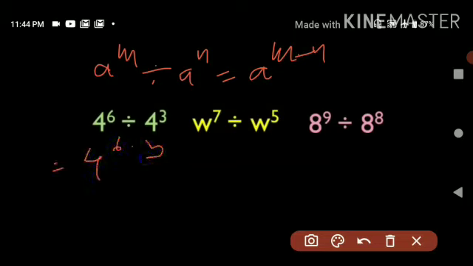And here w raised to the power 7 minus 5, and it is equal to w raised to the power 2. And here we have 8 raised to the power 9 minus 8, that is 8 raised to the power 1, which is equal to 8.